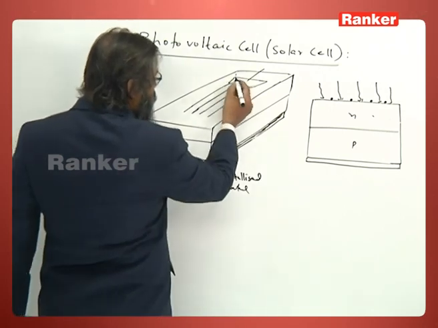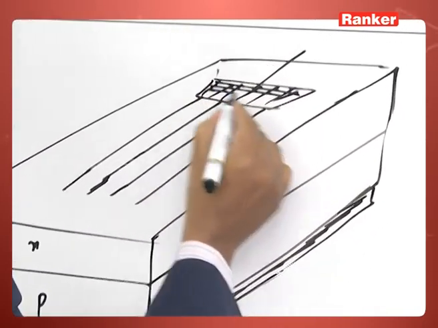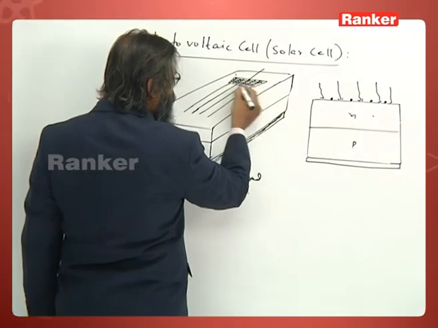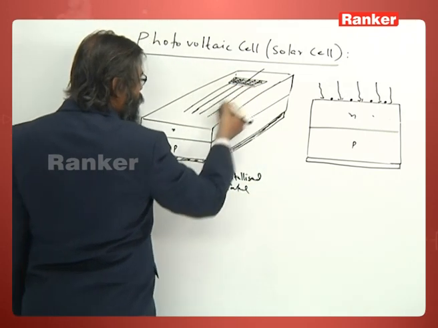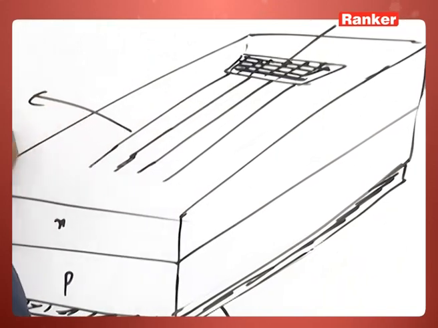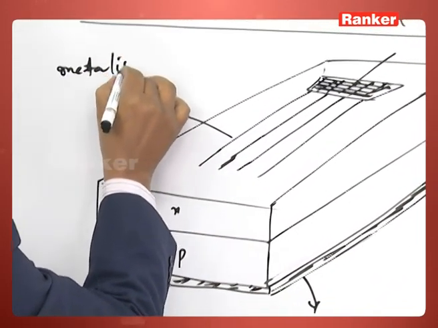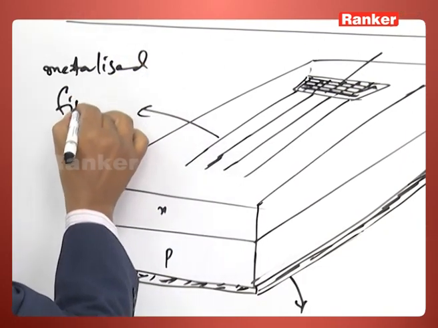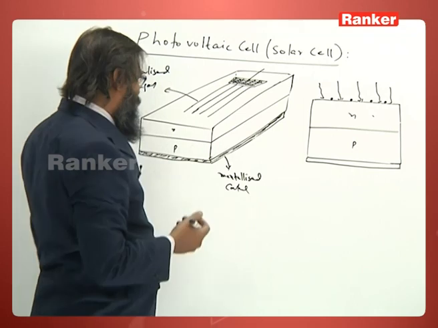Here this shaded part is the metallic contact, and these are fingers, printed fine lines like wires.